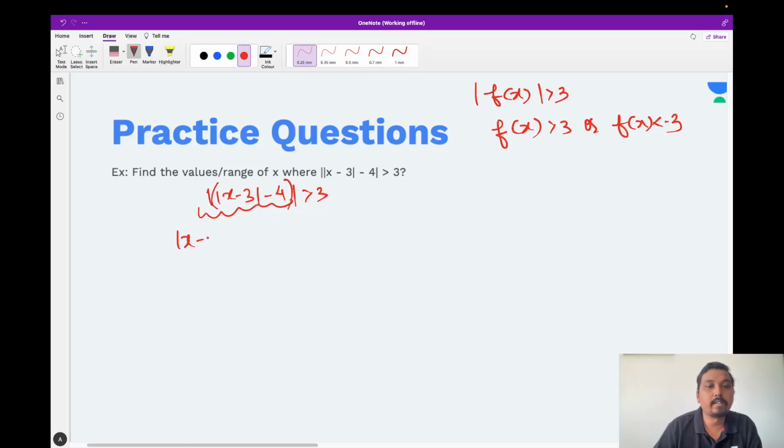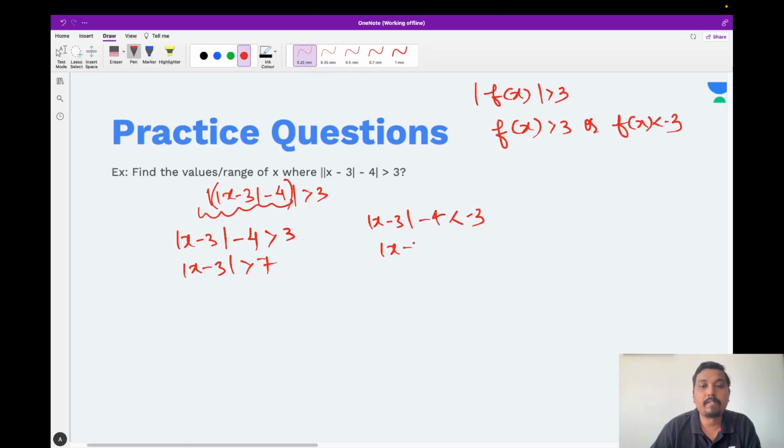So here I can open it as mod of x minus 3 minus 4 greater than 3, or mod of x minus 3 minus 4 less than minus 3. So mod of x minus 3 greater than 7 and mod of x minus 3 less than minus 3 plus 4, that is plus 1.